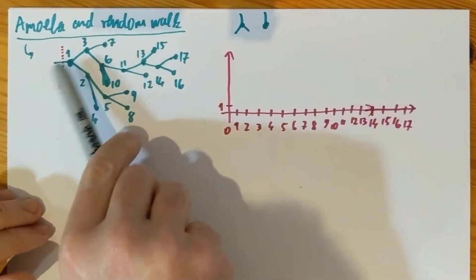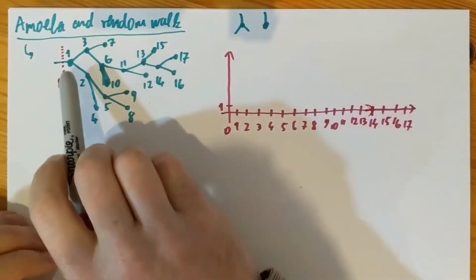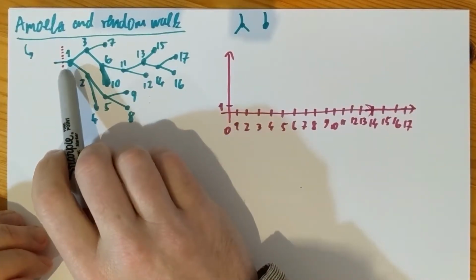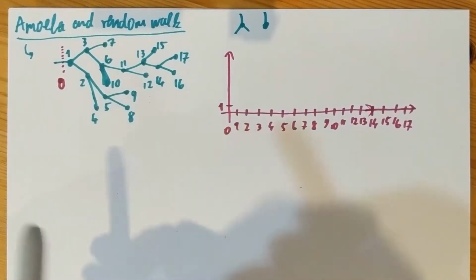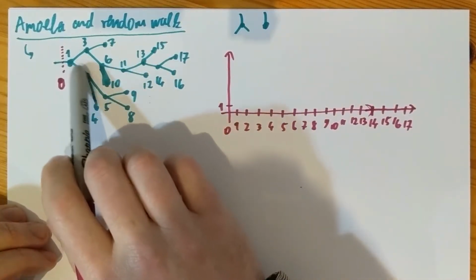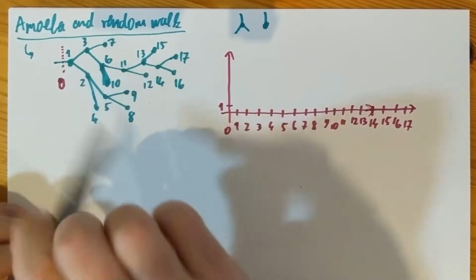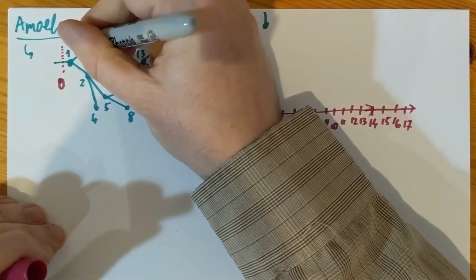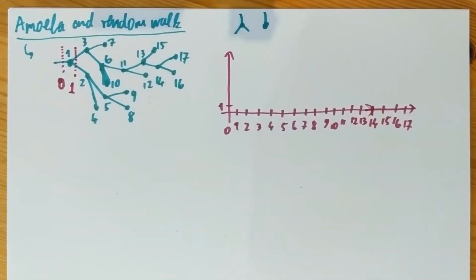I have one amoeba at that time. Now I'm going to ask amoeba 1, what do you want to do? Do you want to die or do you want to have two offsprings? Amoeba 1 tells me that they want to have two offsprings, and that raises the number from 1 to 2. So after I asked amoeba 1, at this moment, I'm going to call this time 1 of the random walk.